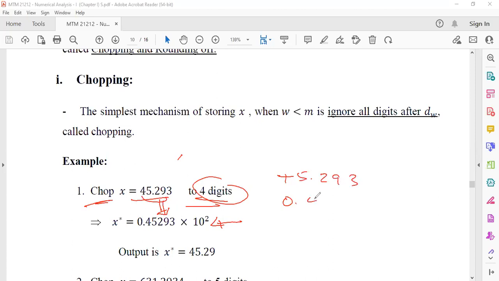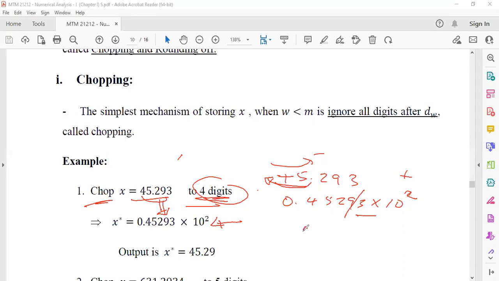45293 can be written as 45293 times 10 to the power 2. So we are taking this side, which means 10 to the power 2. If you are taking this side, the power of 10 will be plus; if you are taking this side, it will be minus. I think you all know these things. They are saying 4 digits, so 1, 2, 3, 4. You have to cut here, so this will be chopped off.